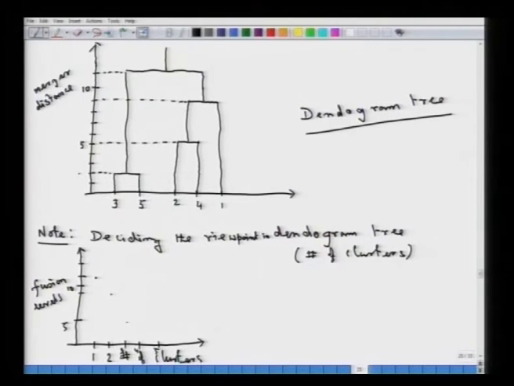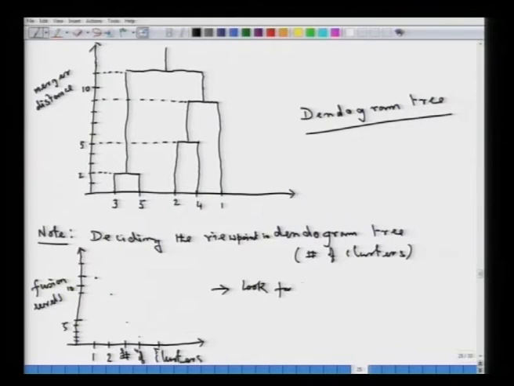If we look at a fusion level of 2, we will have 4 clusters, and then the graph goes up to this particular point, because 5 clusters would be at the 0 level of fusion. So, we have a graph like this.